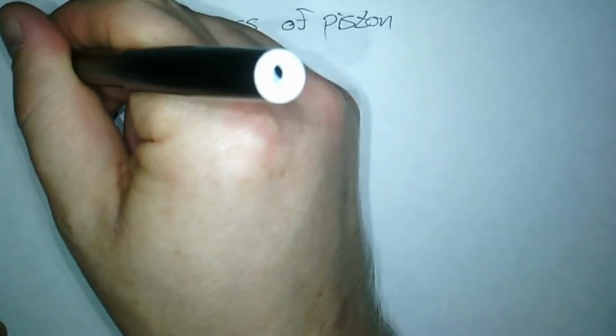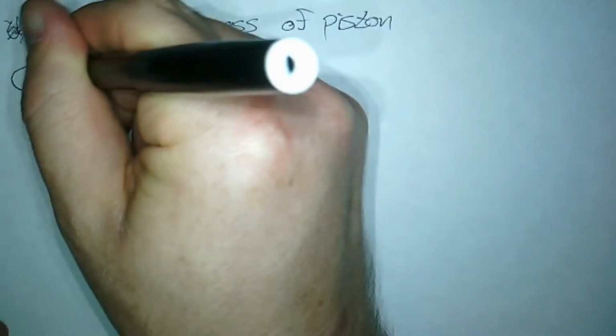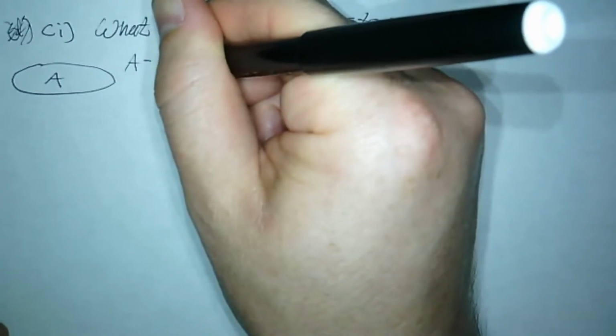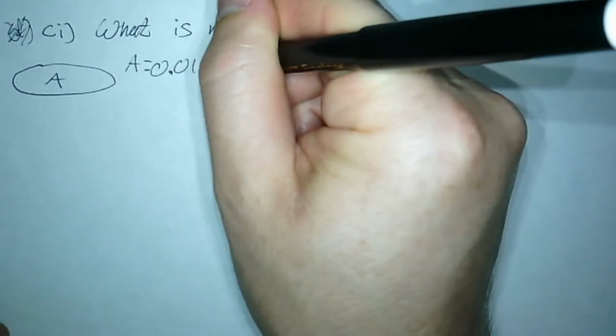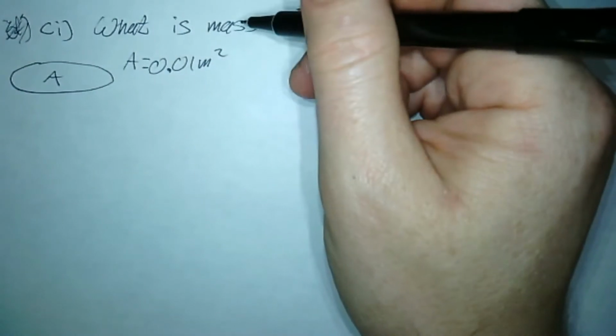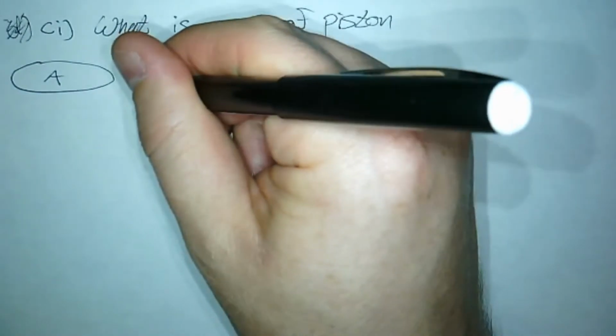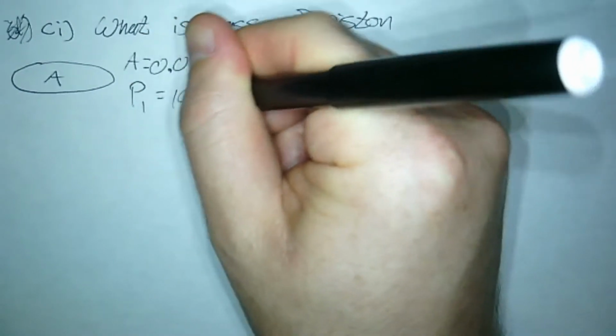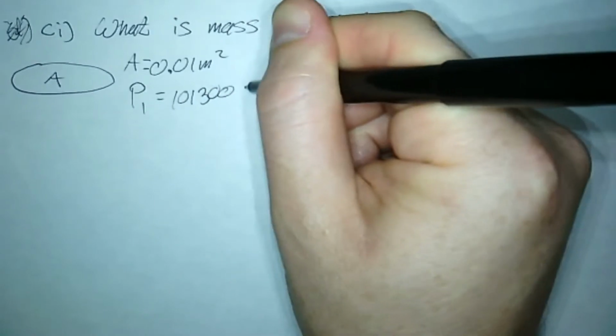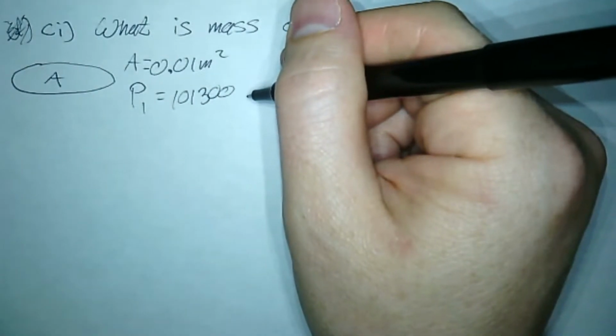So I know that the bottom area of the piston has an area of 0.01 meters squared. And I know that initially, before I put the weight on it, the pressure was 101,300 pascals.